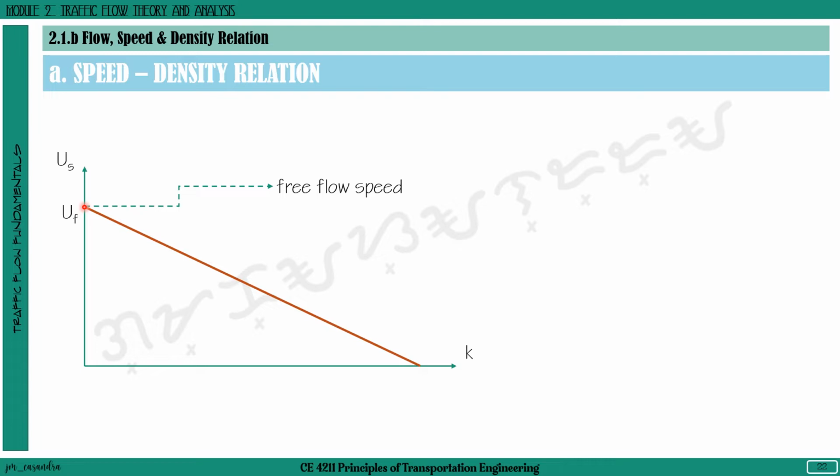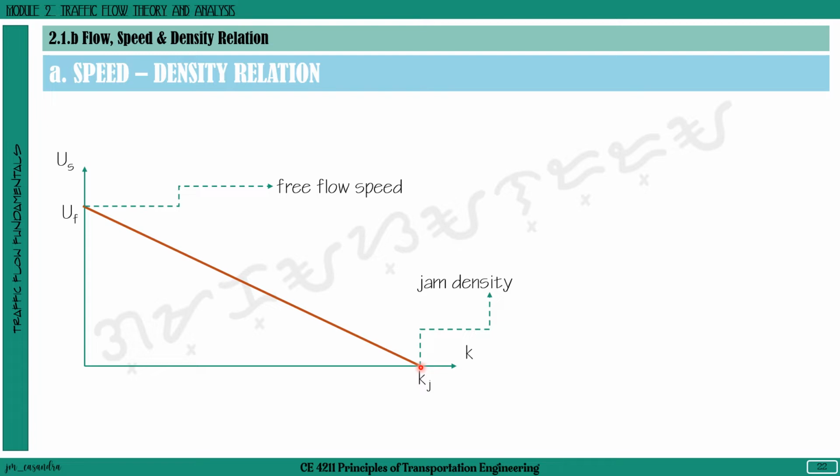So as we have defined in the first part of Module 2, Unit 1, free flow speed is that speed that we achieve if the density is equal to 0 or near 0. And then for our x-intercept, this is what we call your k sub j or our jam density.